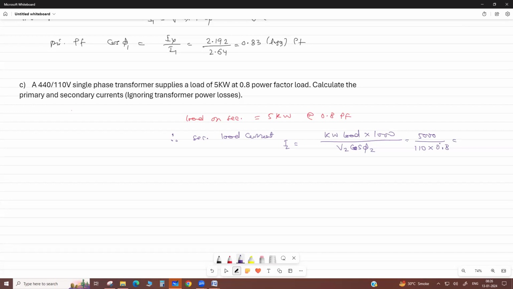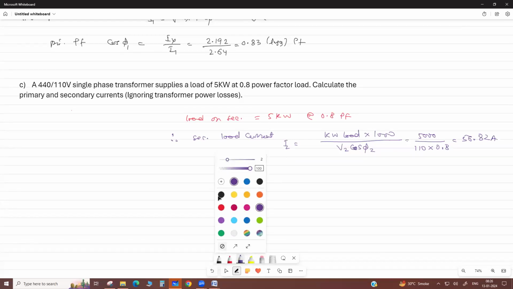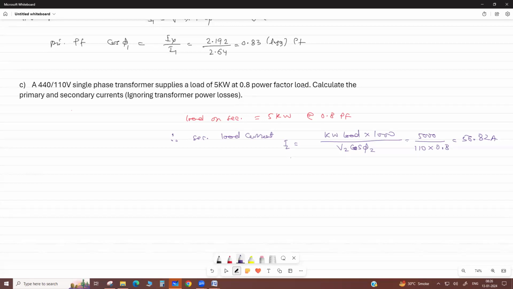You get 56.82 ampere. That is I2. Then he asks to calculate the primary and secondary currents.